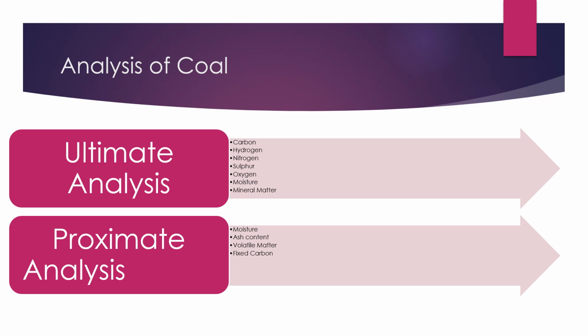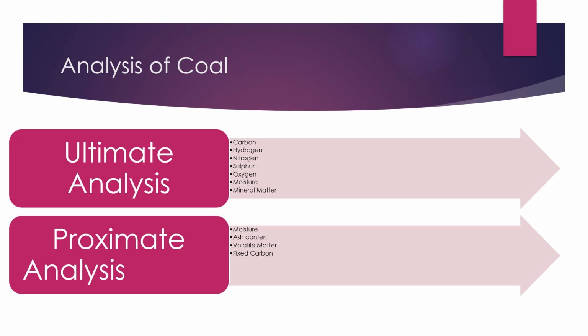Now, to know how coal will behave during its combustion, two types of coal analysis are done. They are ultimate analysis and proximate analysis. Ultimate analysis is the determination of different chemical elements present in coal. In ultimate analysis, various elements present in coal like carbon, hydrogen, nitrogen, sulfur, and oxygen etc. are determined.